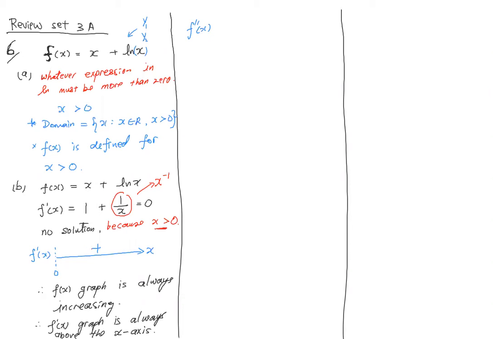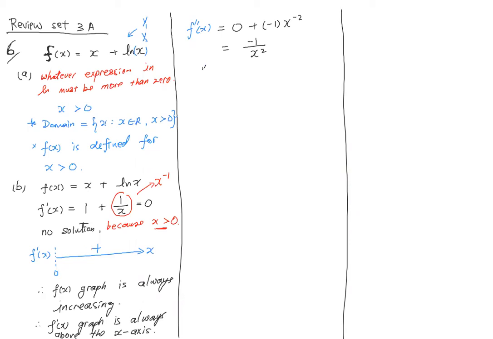So the rate of change of 1 is 0. 1 never changes. Okay, the rate of change of x to the power -1 is -1 times x to the power -2. So I got -1 over x squared.